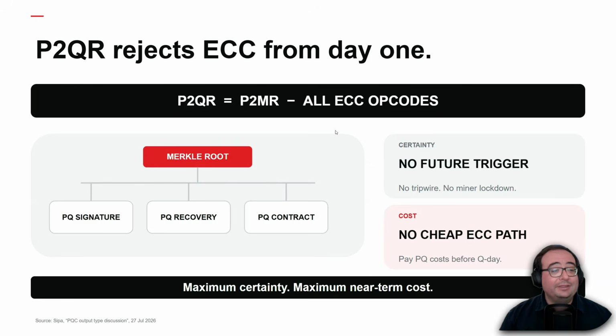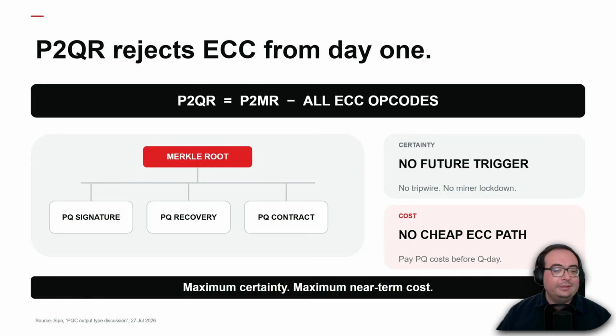All right, we have another variation. This P2QR. And this is like P2MR, so there is no key path. And in addition, you disable all ECC opcodes. So in this output, this variation of Taproot does not allow you to use elliptic curve cryptography as a spending condition among all these leaves. There is no ECC signature here. So here there is no risk related to having exposed an ECC public key. And yeah, that's good.